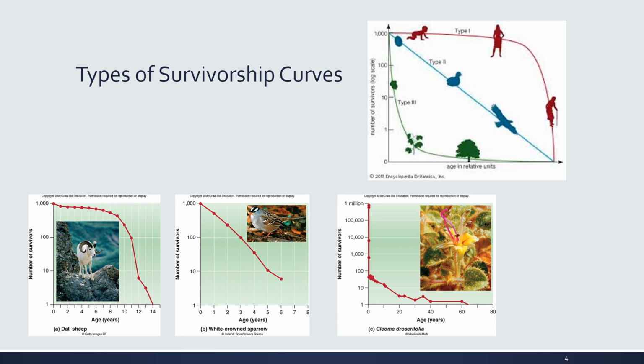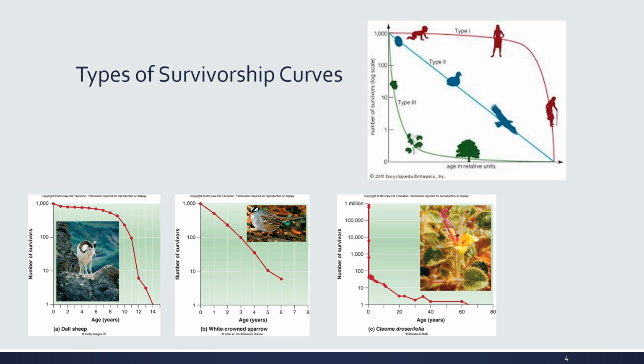Now the second graph, what's called type 2, is a graph for, let's say, a bird, because a lot of birds, small birds particularly, follow this type of curve. You have a certain amount die as eggs because they're preyed upon, or just die out of genetic defects or environmental conditions.